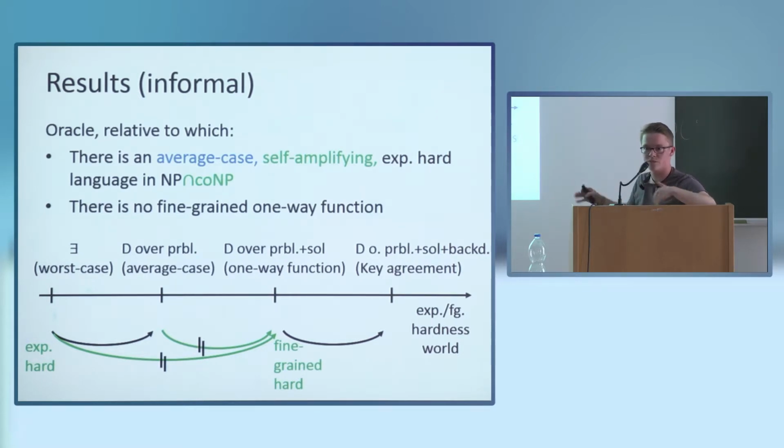NP intersected co-NP tends to be useful for cryptography. So one way of looking at the separation might be that, at least in combination with these attributes, just going a little bit lower within NP does not help.